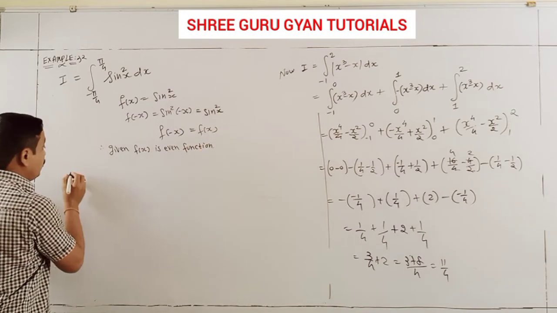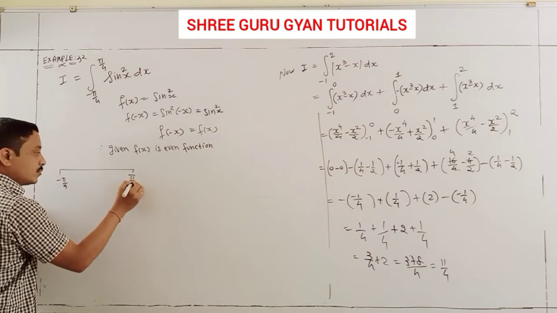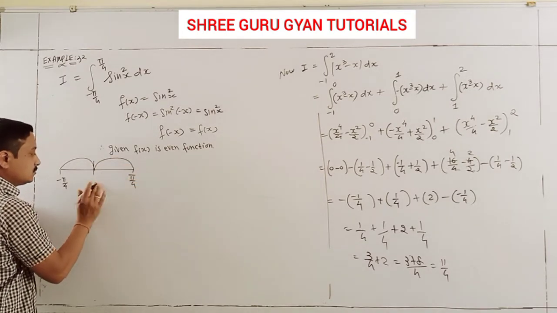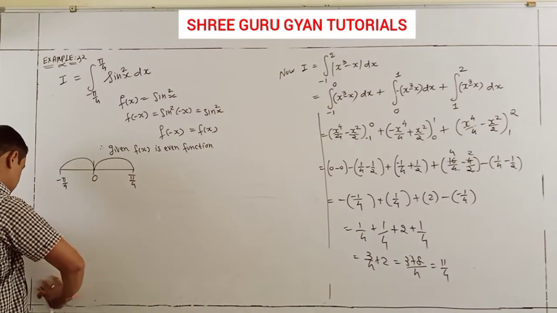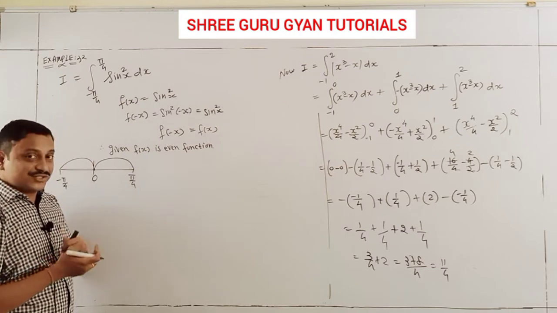It means my numericals is minus 45 to 45, divided into two partitions. One of the minus 45 to 0 and the other 0 to 45.